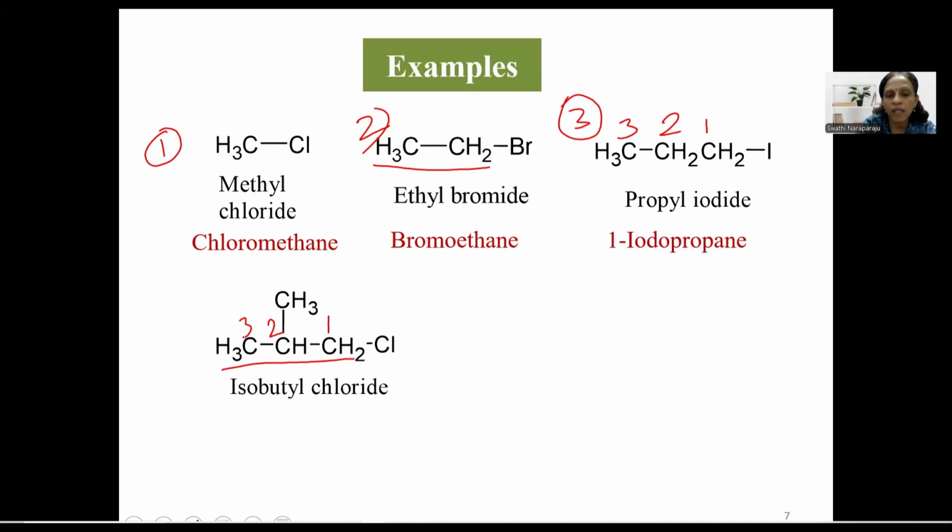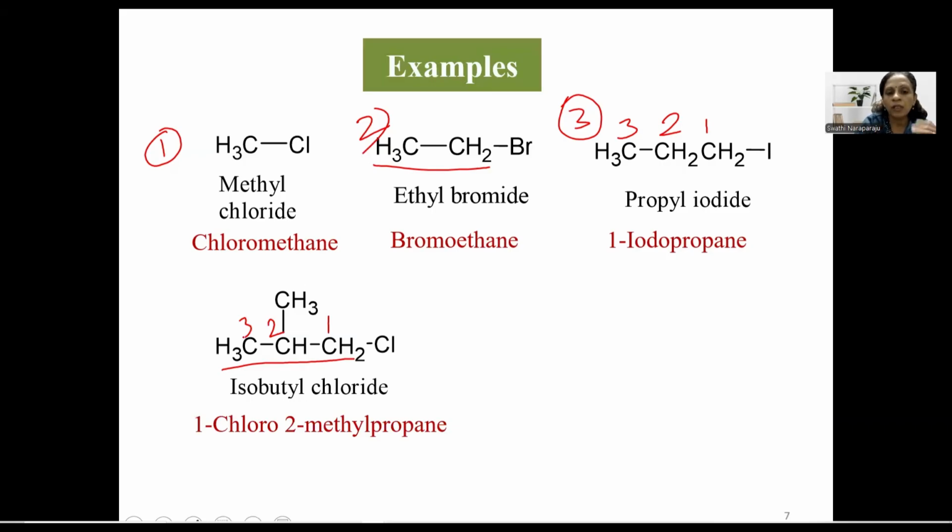Now this propane chain is having 2 types of substituents. At the first position chlorine is present and at the second position a methyl group is present. The nature of both the groups along with the position should be indicated in the prefix. So the name of this molecule becomes 1-chloro-2-methylpropane.